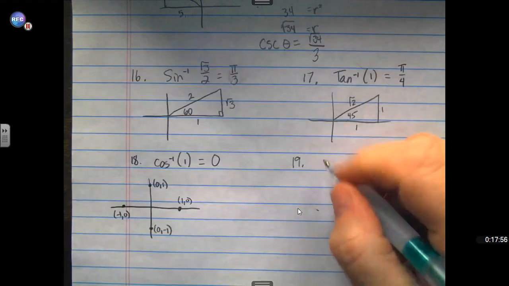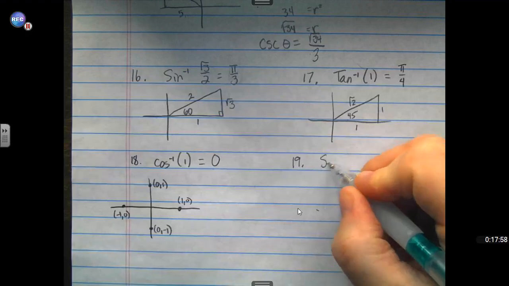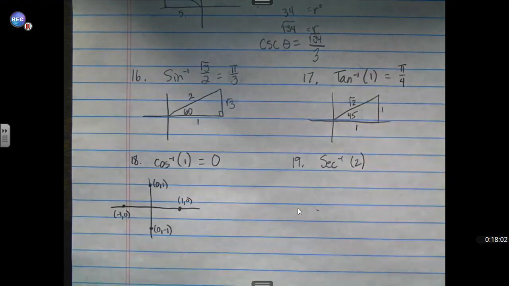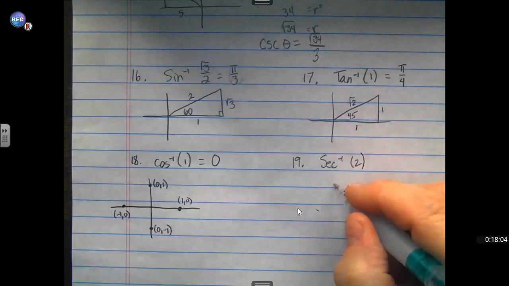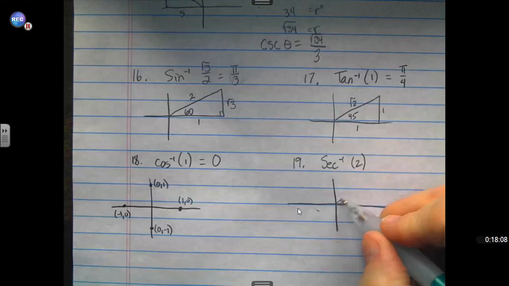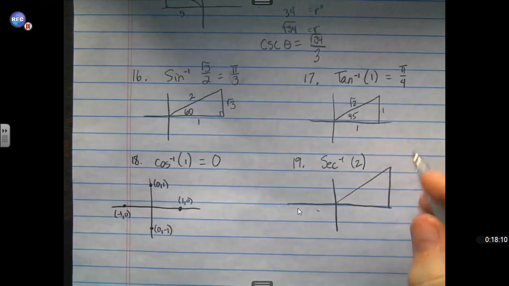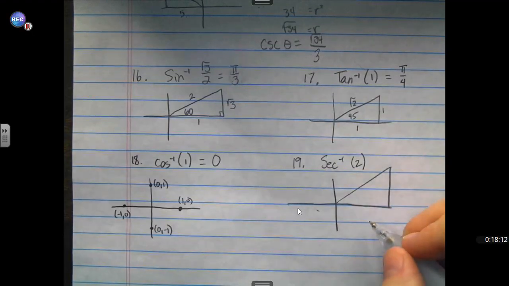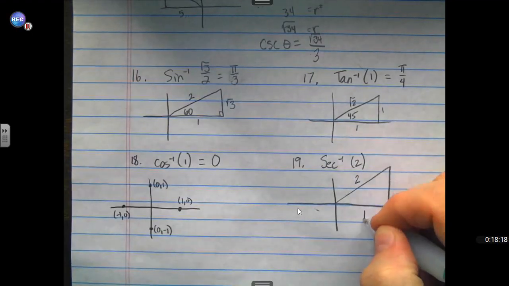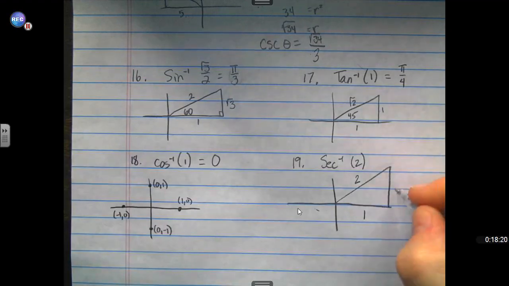Next one, 19, is the inverse secant of 2. And it's positive, so that puts us in the first quadrant. The hypotenuse would be 2, and x would be 1, which means this would be the square root of 3 over here.